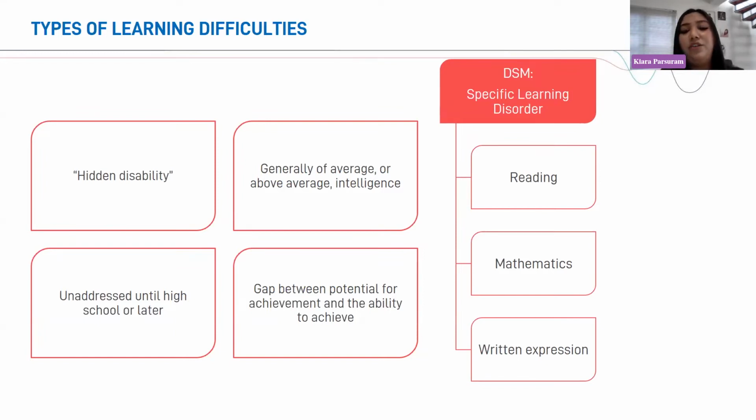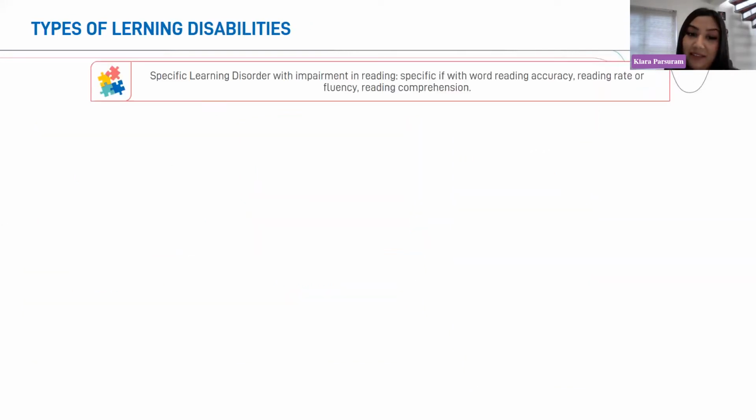Looking at the impairment of reading, the DSM states that with a specific learning disability, there is inaccuracy with word reading, reading rate or fluency, as well as reading comprehension. Some students may take longer to read than others. I might take a day to read 10 pages, while someone else may take a week to read 10 pages. So there's a difference between that.